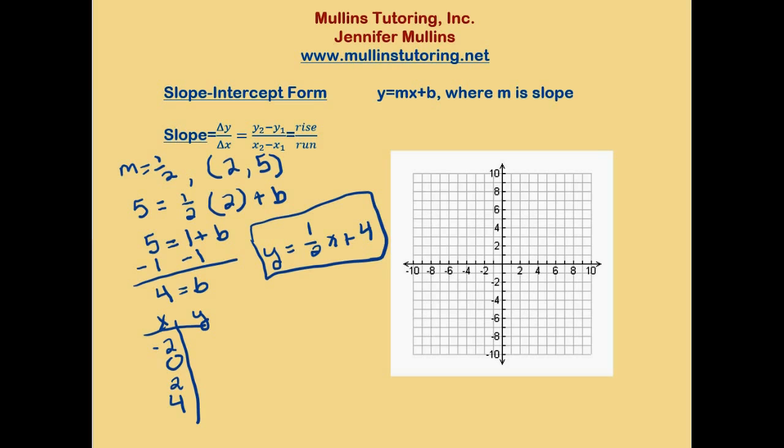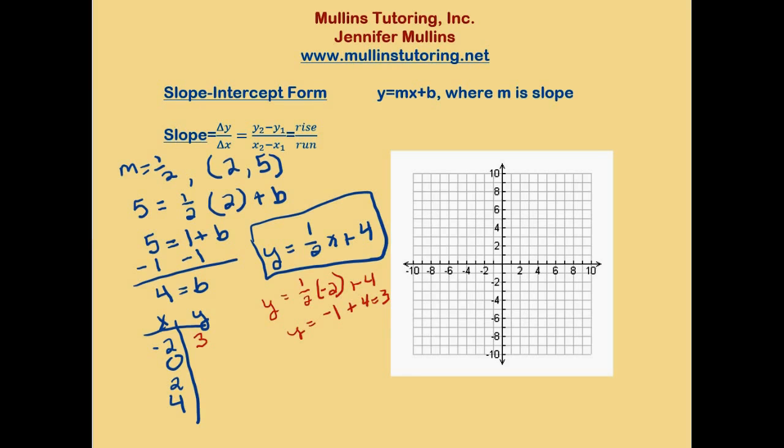My first one is y equals 1/2 of -2 plus 4. So y is equal to -1 plus 4, which would be 3. So when x is -2, y is 3.